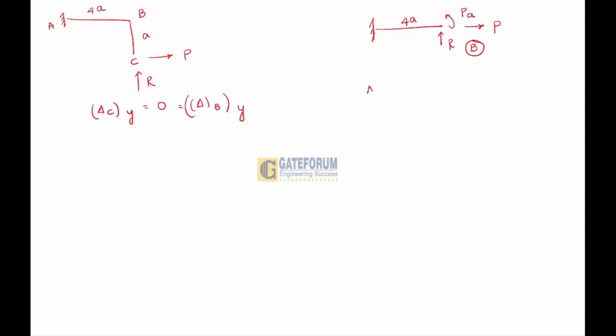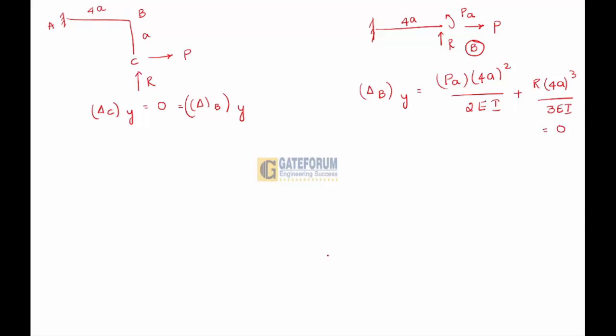So delta B, the deflection at B in y direction, will be PA into distance 4A whole square by 2EI, plus, due to R, it is R into 4A whole cube by 3EI, which will be equal to 0.